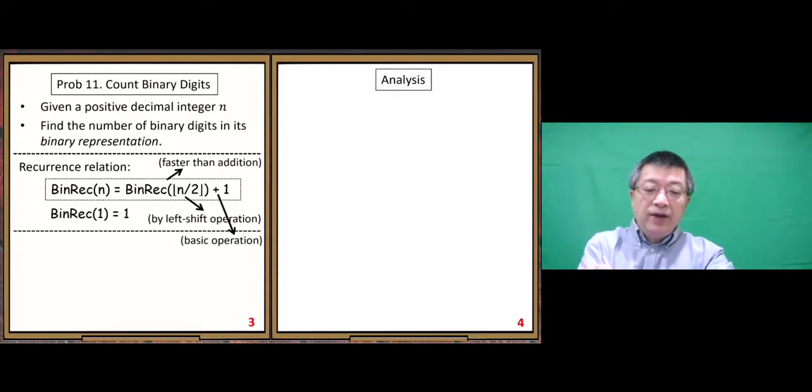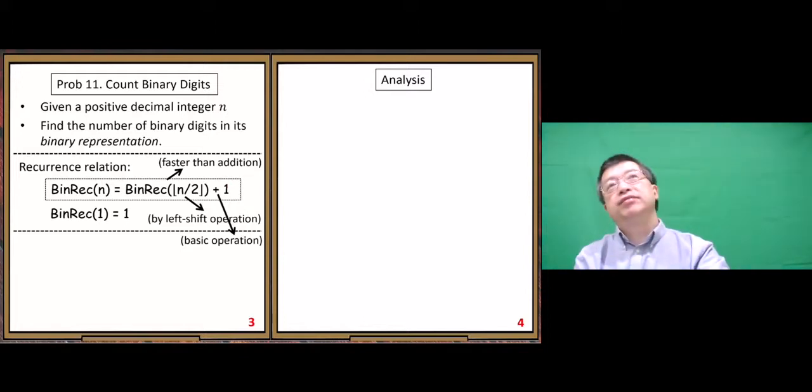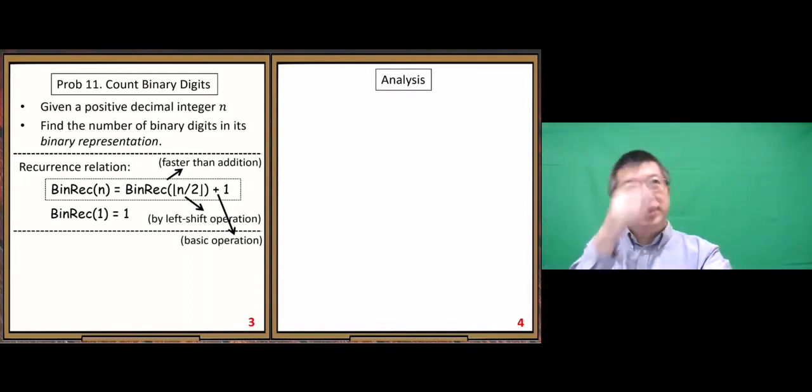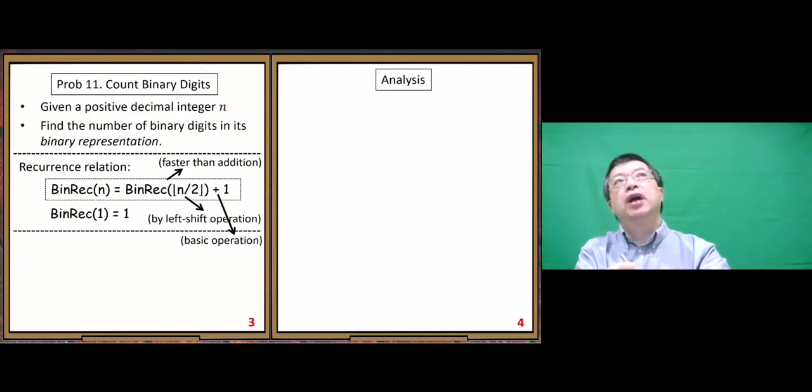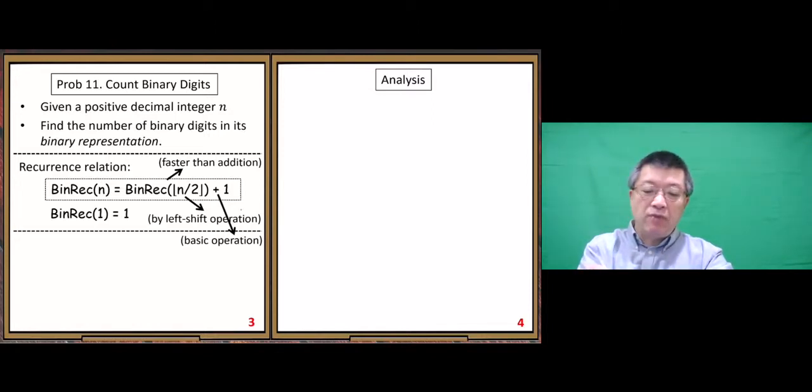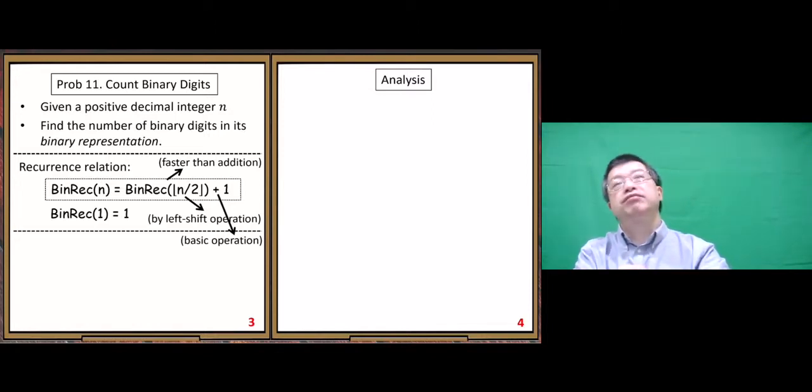But here we also have an addition operation. After you do the shift operation, you need to add 1, right? That addition operation is usually slower than the shift operation. Here, let us just use the addition operation as the basic operation.